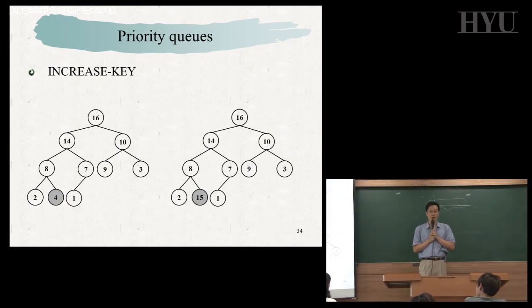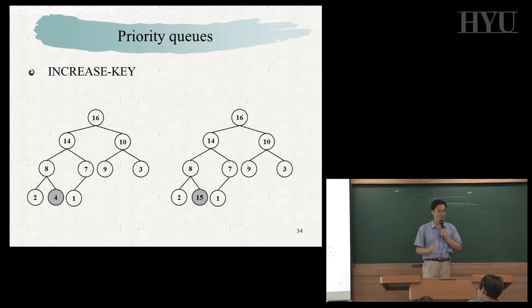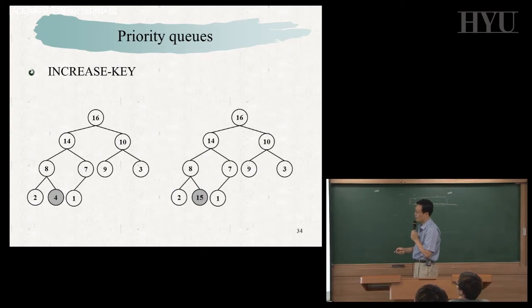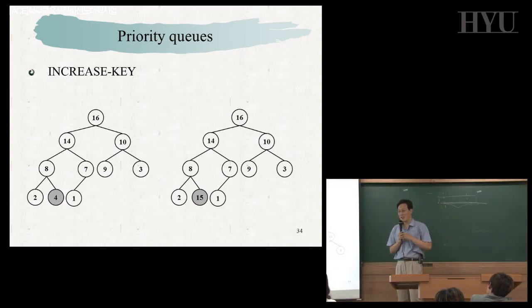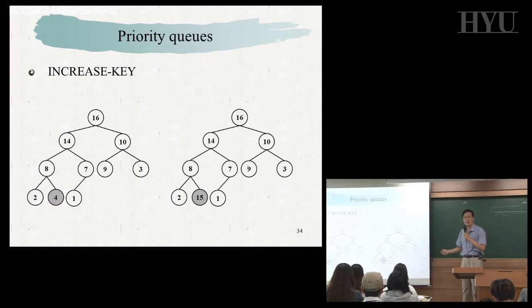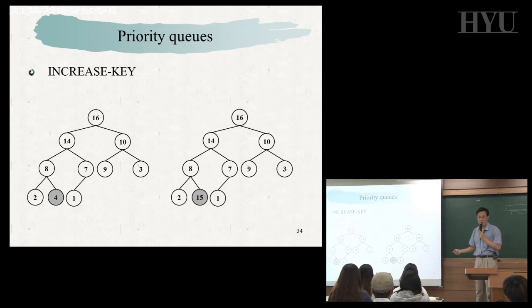This is a new operation, increase key. It is like this. This is a heap, and 4 is in level 0, and its value is increased to 15. In this case, it traverses up the tree. First, we exchange 8 and 15 because 8 is smaller than 15.